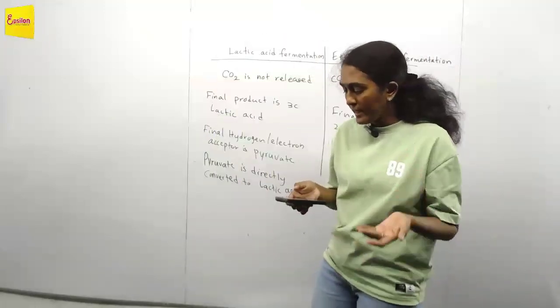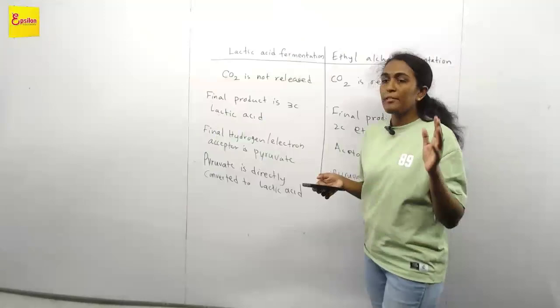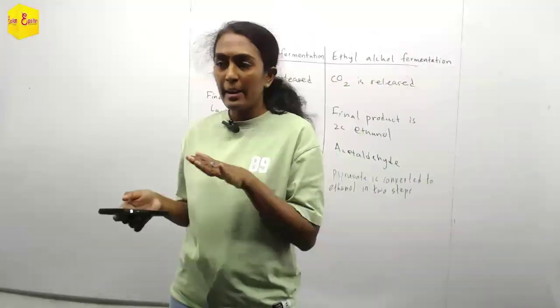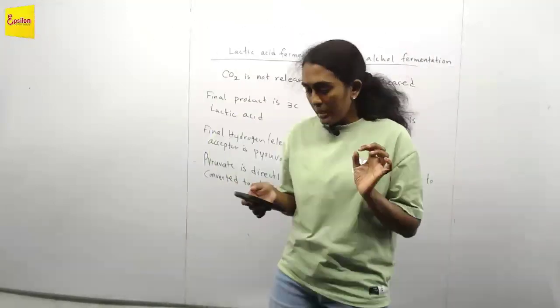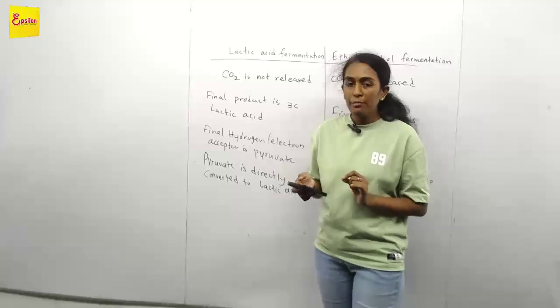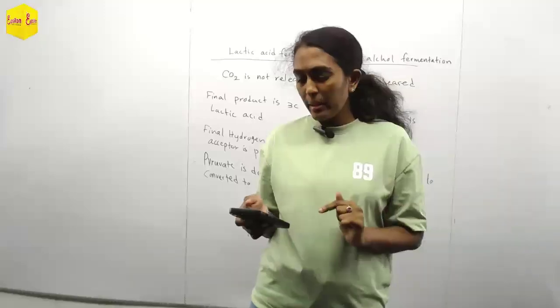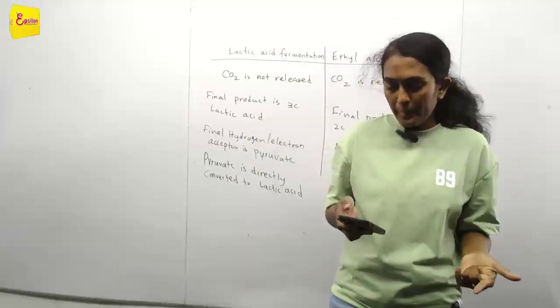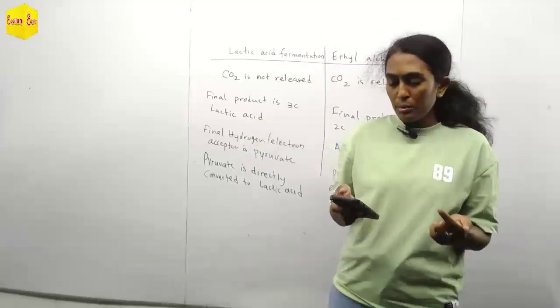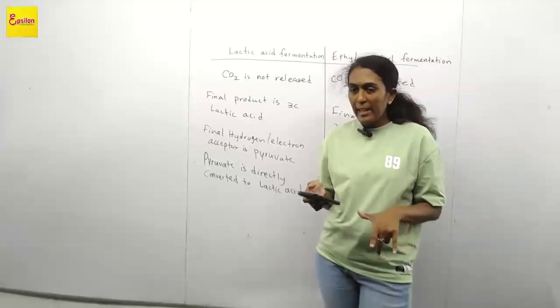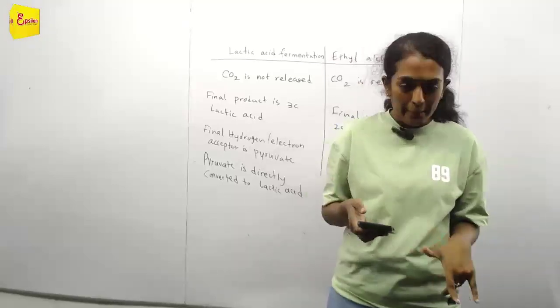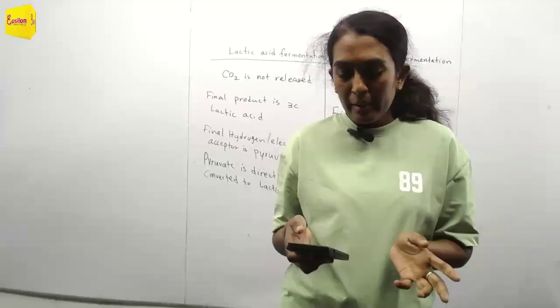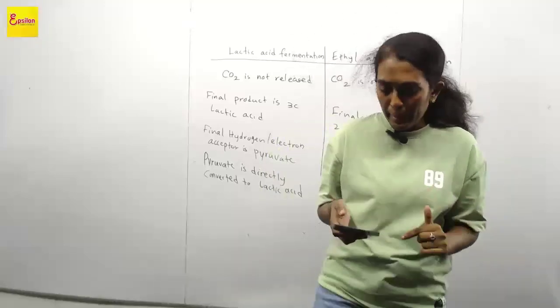Other than carbohydrates, proteins and fats are also used as substrates. Fats are converted into fatty acids and glycerol. Glycerol can enter into glycolysis as G3P. Fatty acids can enter into the Krebs cycle as acetyl coenzyme A. Proteins are converted to amino acids.